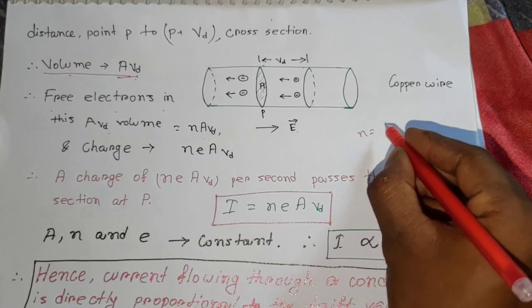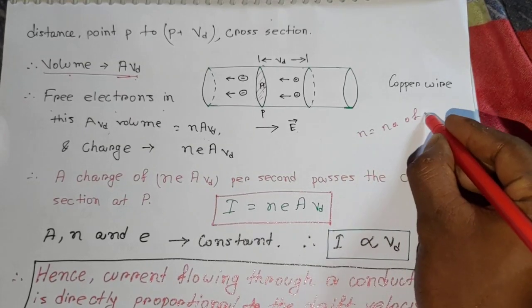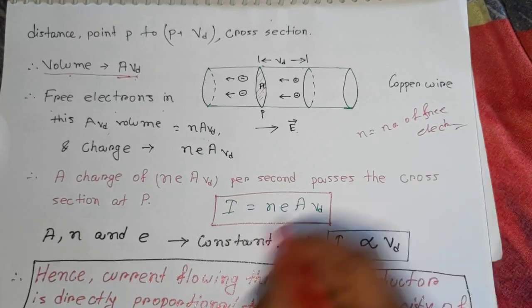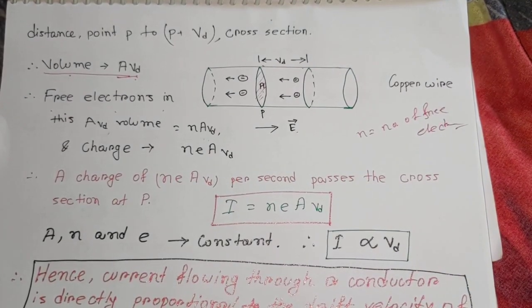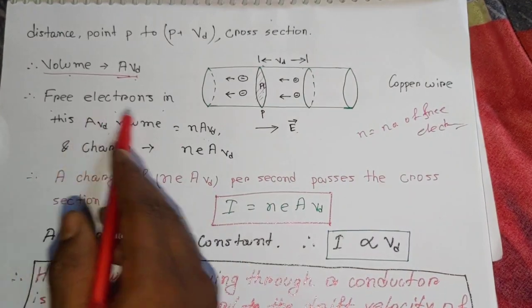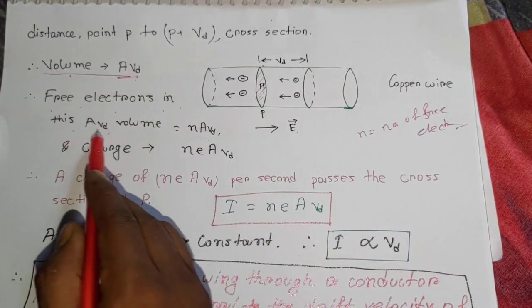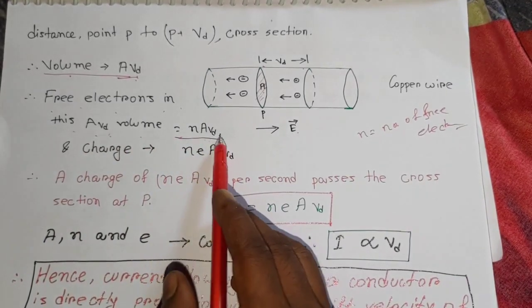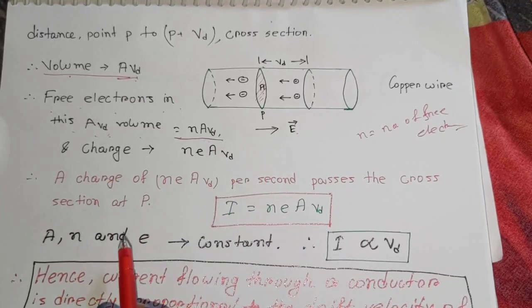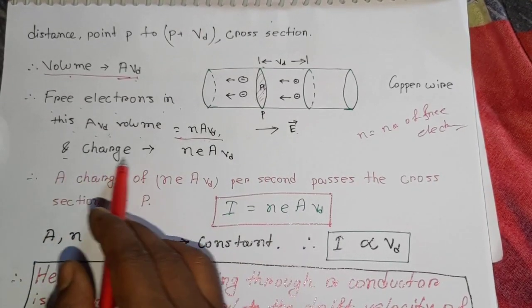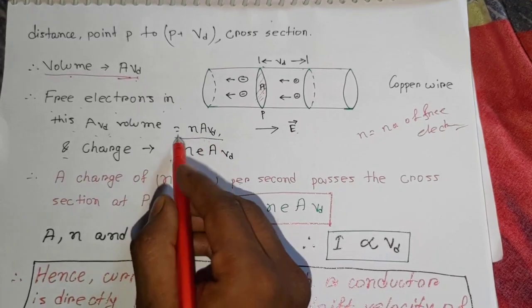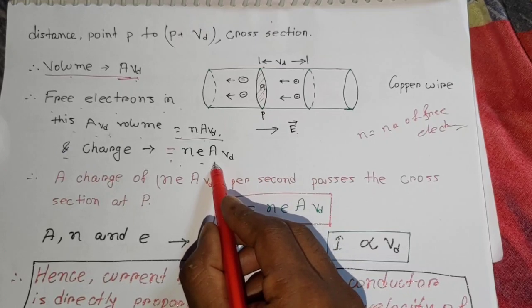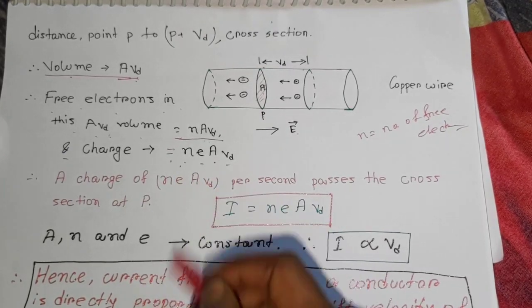So the number of free electrons in this A Vd volume is N A Vd. And the charge will be N into e into A into Vd, so N e A Vd.